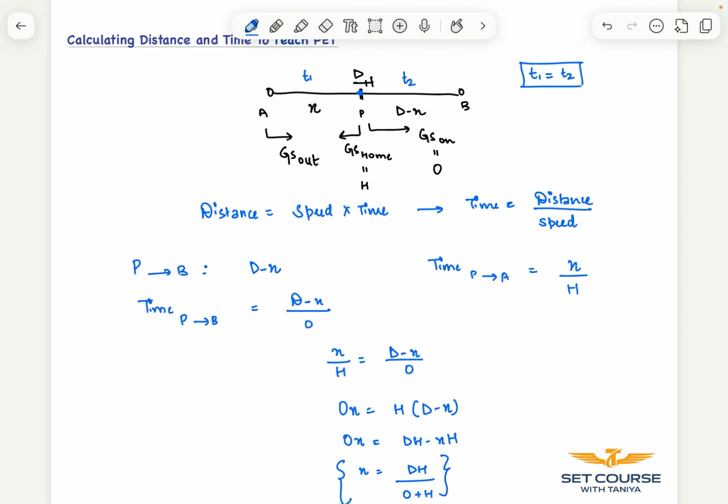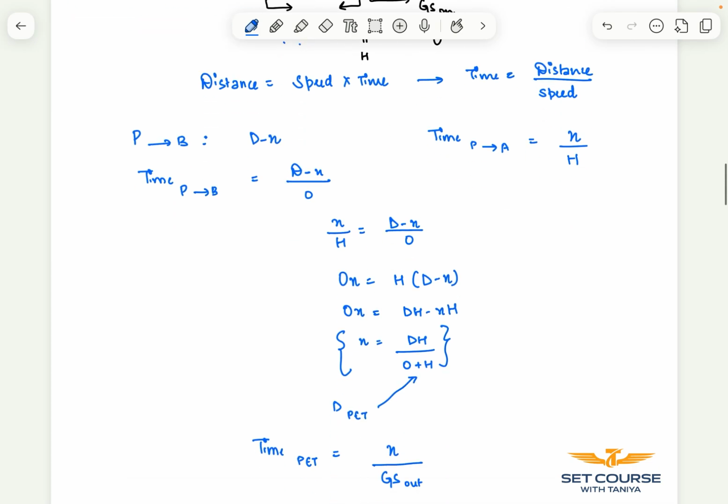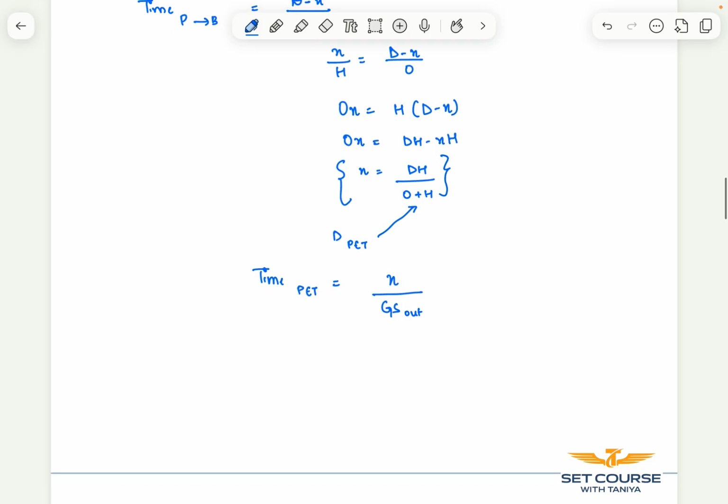If you see this figure, the time to reach from point A to P would be our distance x divided by our ground speed out. Now substituting the value of x, we have time to reach point of equal time as DH over O plus H, divided by ground speed out.